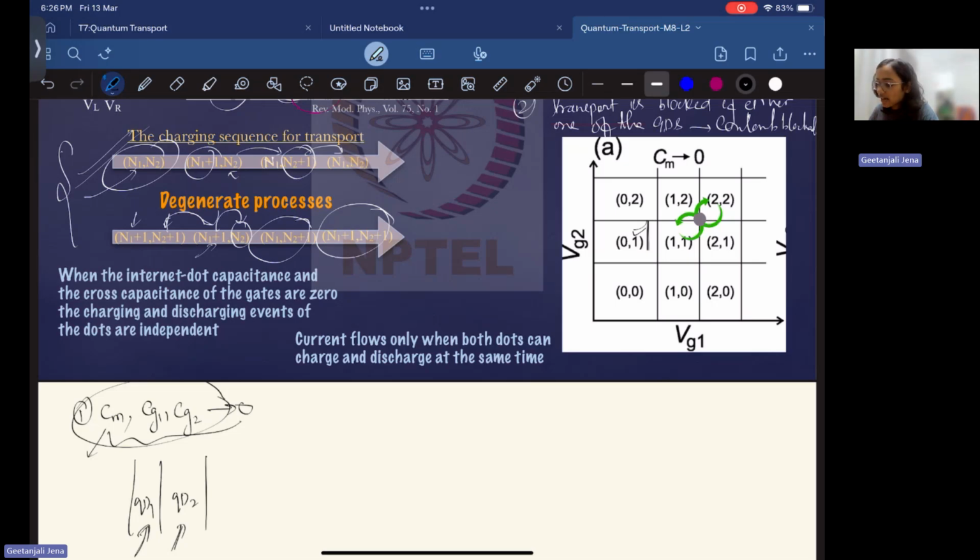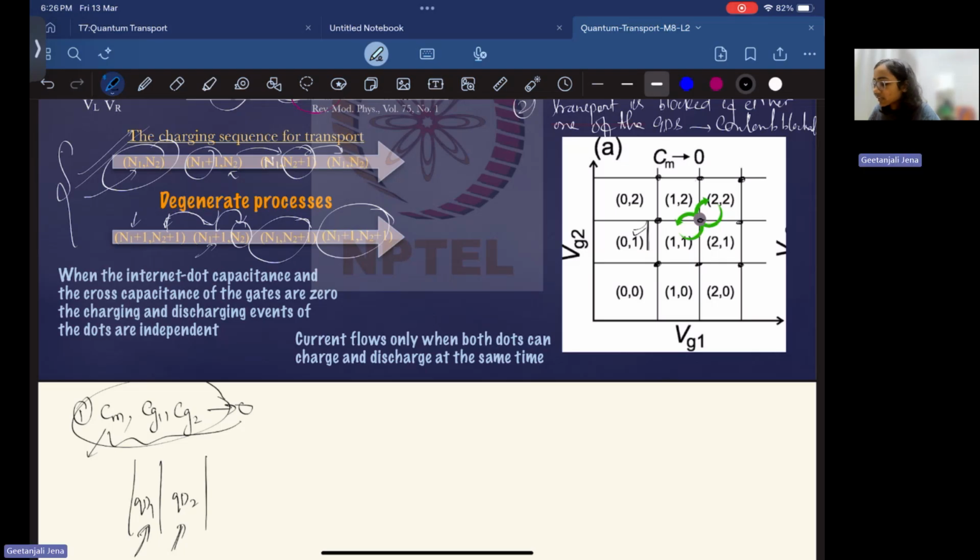But the main question is, where do we see the charge transport? What is the physical significance of this diagram? The physical significance is only at the intersection region, where we'll see that three charge states coexist with each other.